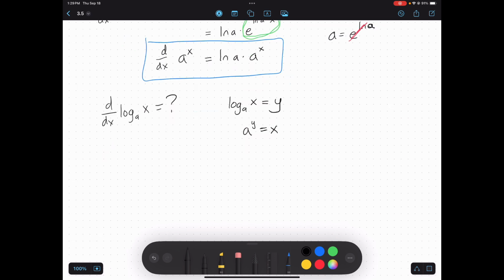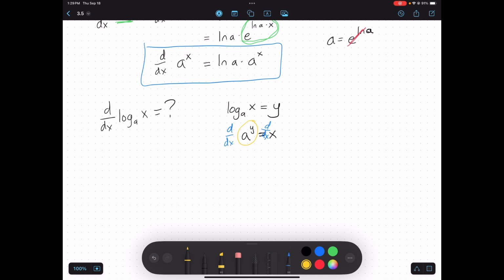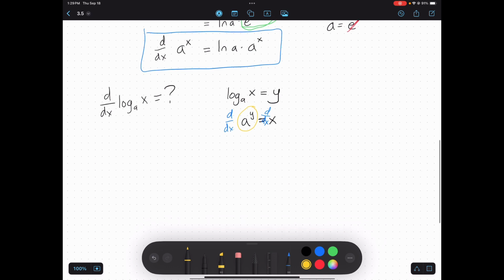And now that I do that, I can take the derivative of both sides. Remember, based off of what we just talked about, I now know how to find this derivative. Now that I have a derivative rule for the derivative of an exponential function with any base, I can work through this process now.